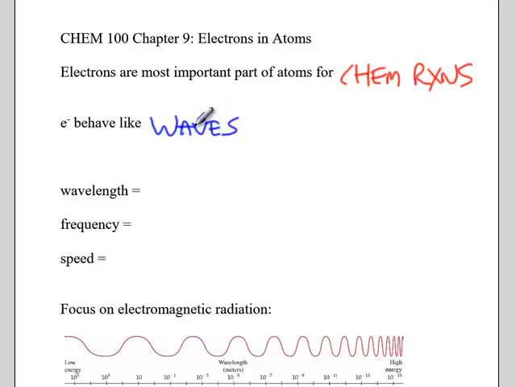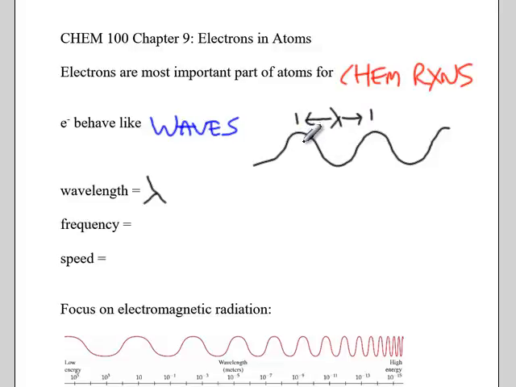So for example, a wave of energy has a property called the wavelength, and wavelength is abbreviated with this Greek letter lambda. Lambda, the wavelength, is the distance between two identical points on the wave.